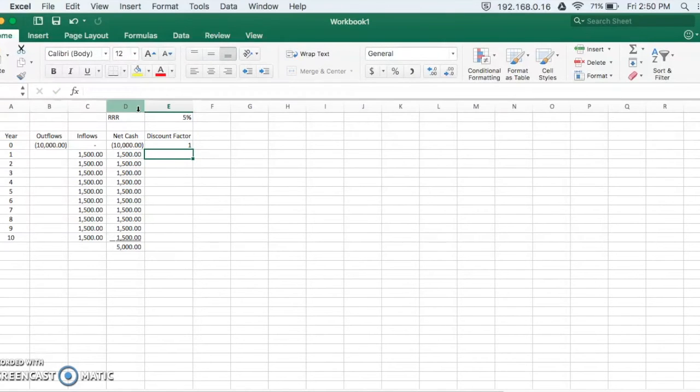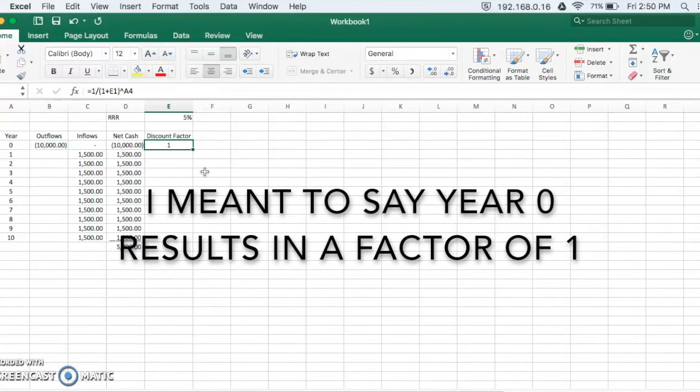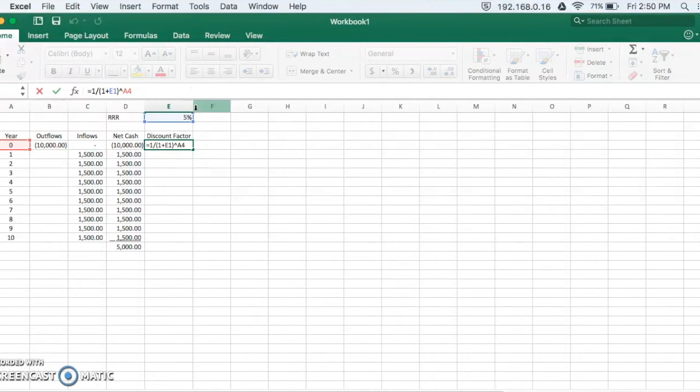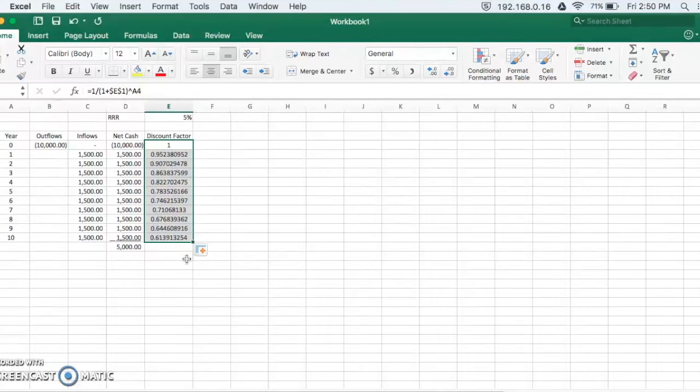Okay, now the factor is 1, which is important to recognize that in year 0 it's current dollars, so the dollars aren't being discounted. Let's just make this so I can spin this down. So obviously this needs to be frozen in place here, but nothing else needs to be. So then when I go and drag this down, you'll see these are my discount factors.